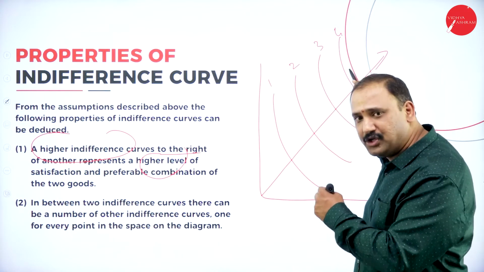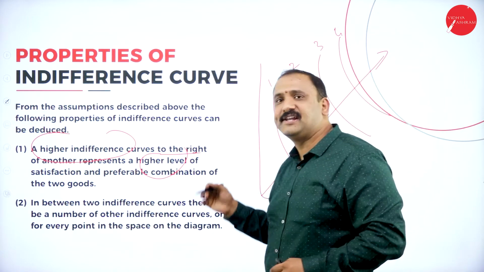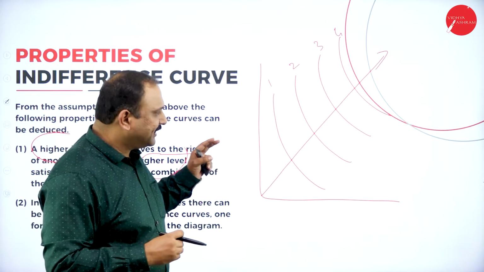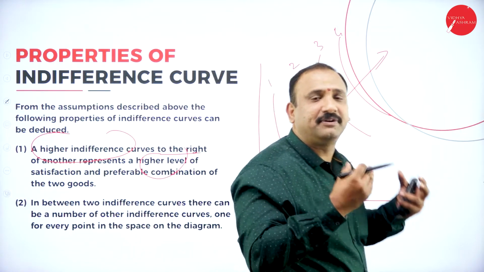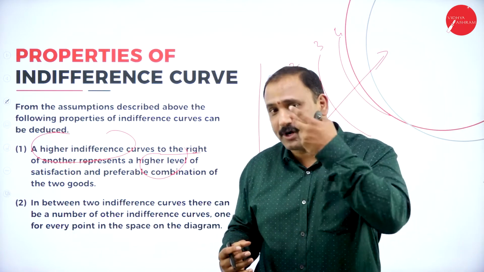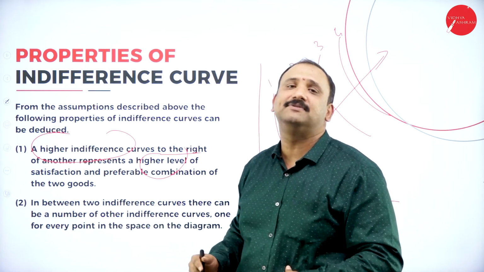By the time you reach the fourth curve that's given here, it's a higher level of satisfaction. Why is that? For a consumer, he feels that higher and higher he goes towards his preferred product. The more he consumes the product he likes, the satisfaction level also becomes higher.